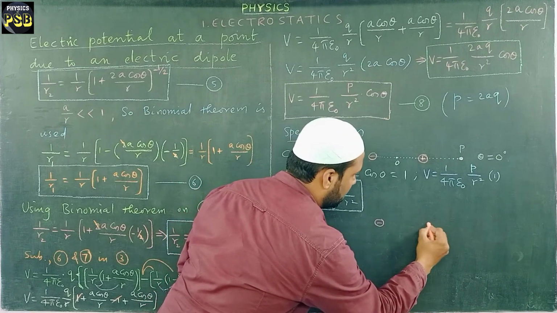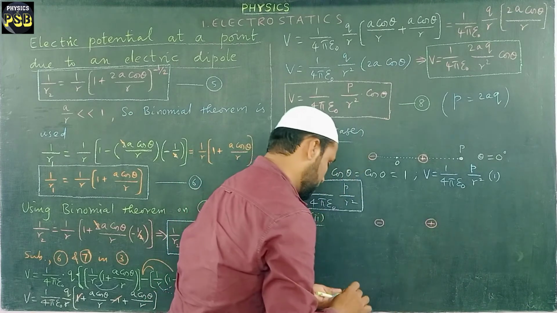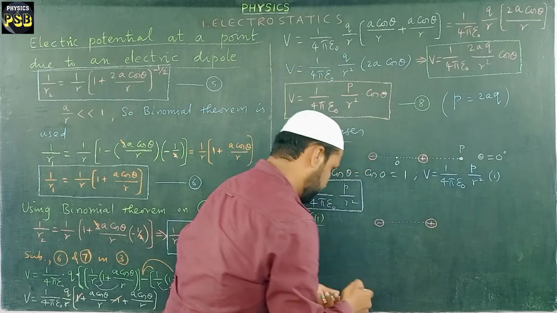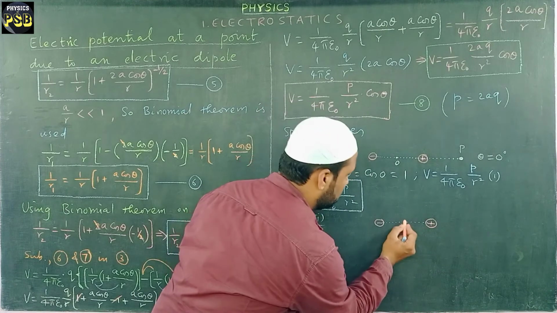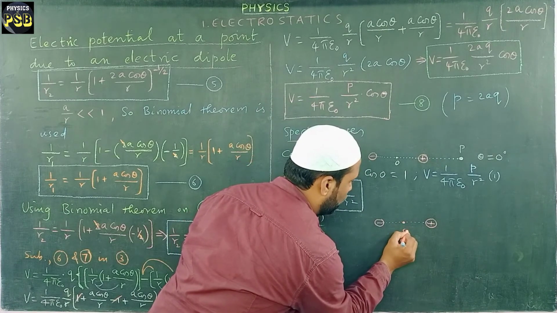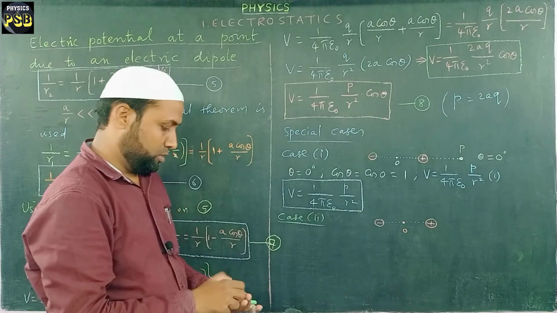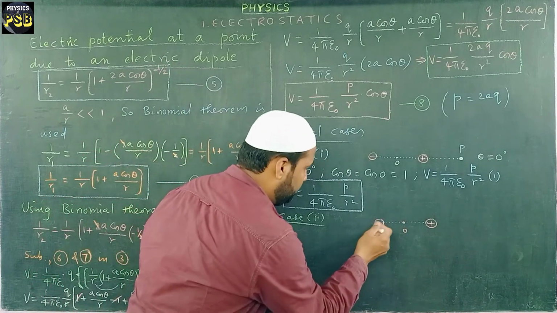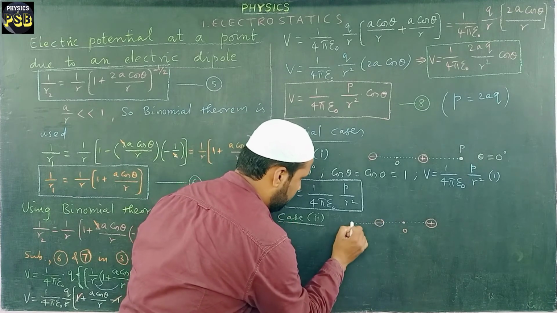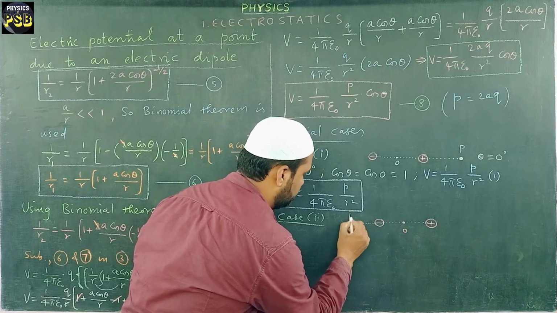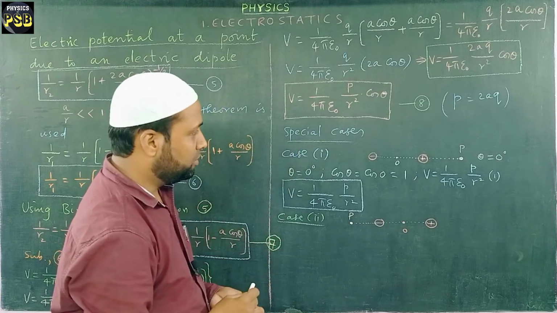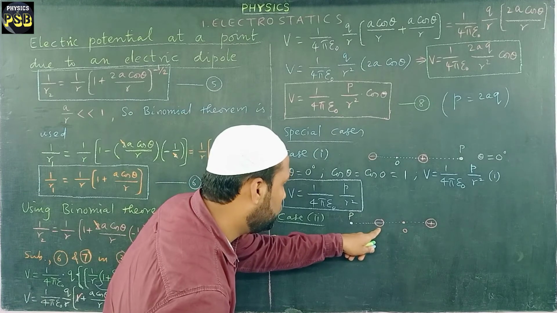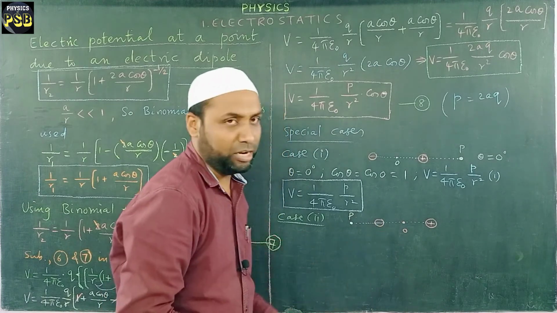This is the negative charge, this is the positive charge. These two constitute an electric dipole, and here we have the point O. Point P is taken here along the axial line towards the negative charge.